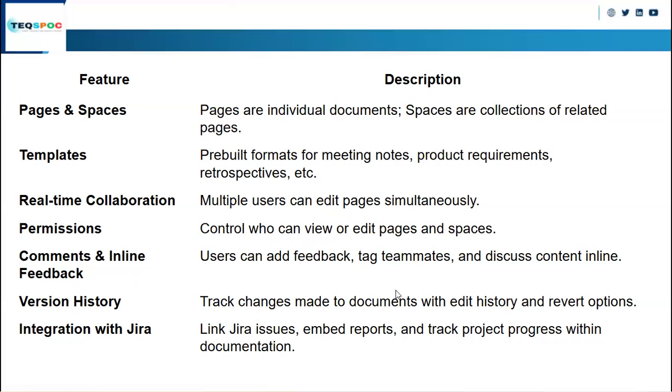The same thing we can see in the Confluence history also. Then integration with Jira: link Jira issues or reports progress with the documentation. When you create any page, you can link that page URL with the respective issue type, story or bug, and it can be accessed easily. So these are the few things.